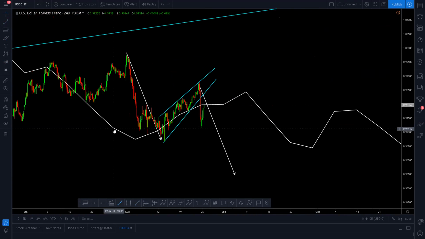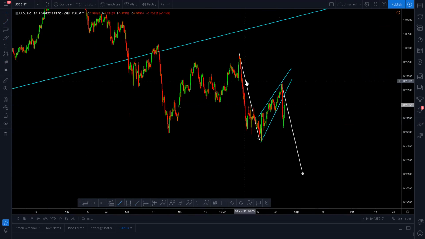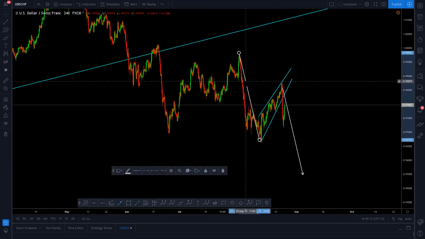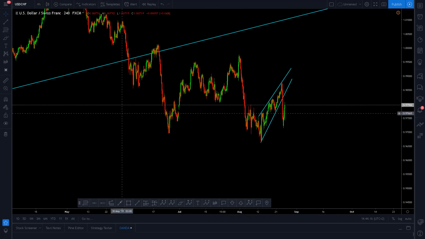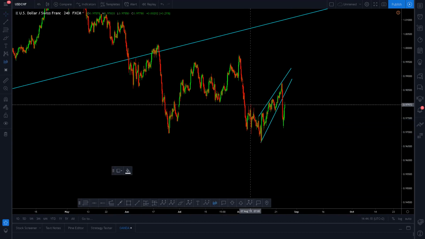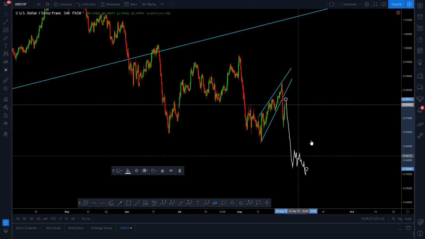Let me hide this, it shouldn't show on the hour. So our short-term trade looks like this one. This is what we are looking for, we're looking for this move to come out like this.